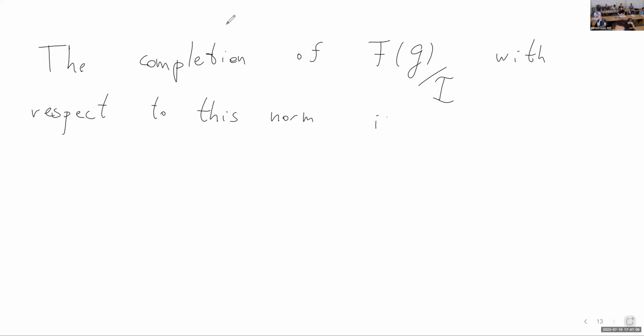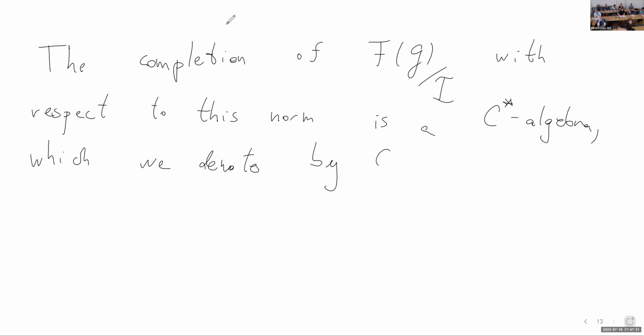This is the universal C-star algebra. Because we still have to prove the universal property, I'm going to do this on Friday.